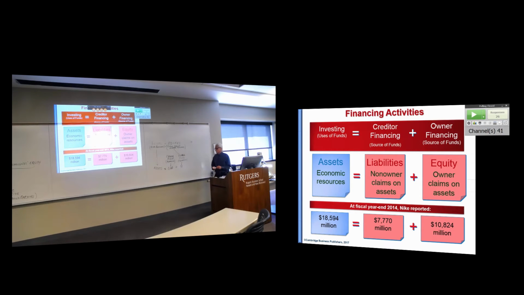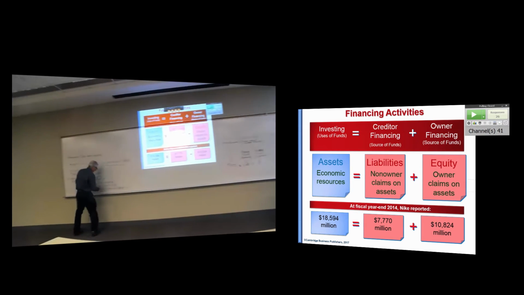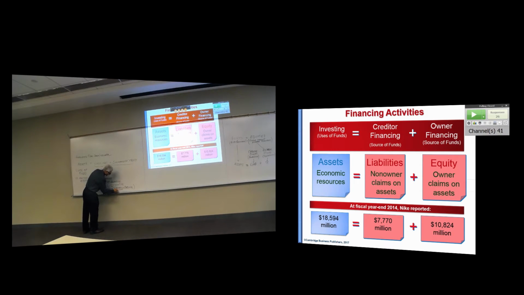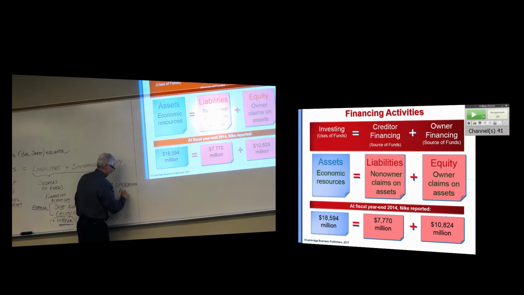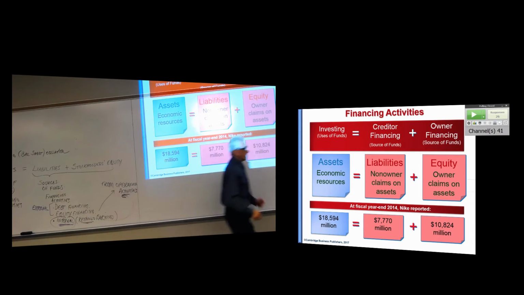All right, so that's the model that, again, investing results in assets, uses of funds, and sources of funds in here. There's one other source of funds, and that is going to be through retained earnings, as we said. The internal source of funding is going to be retained earnings, and that's going to come from our operations, from our operating activities.